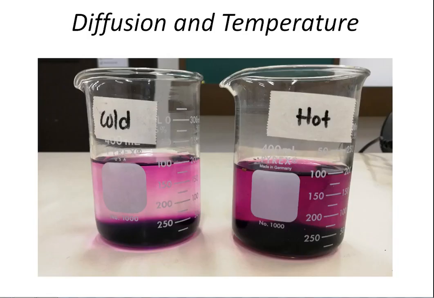So this is now our result. The beaker on the left is the cold water, whereas the beaker on the right contains the hot water. So what can you say about the relationship of the diffusion of the potassium permanganate crystals in relation to the temperature of the water?